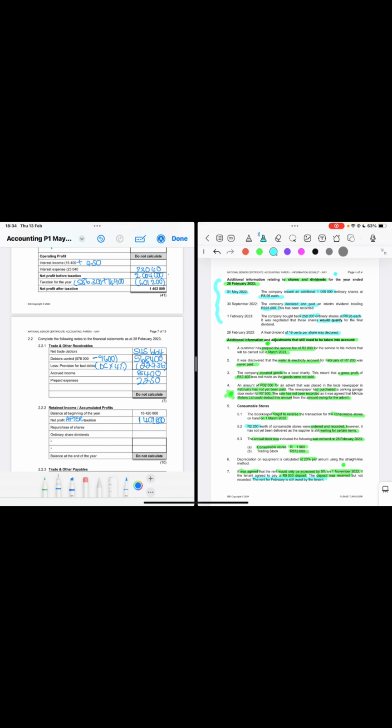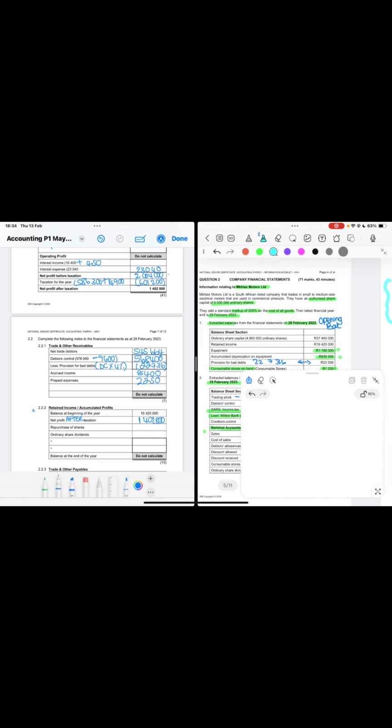Since the average price won't be the same as the repurchase price, you find the difference between the two, and that difference is the amount you use for retained income. So we need to determine the average price, since we won't be doing our ordinary share capital note. How do we determine that?